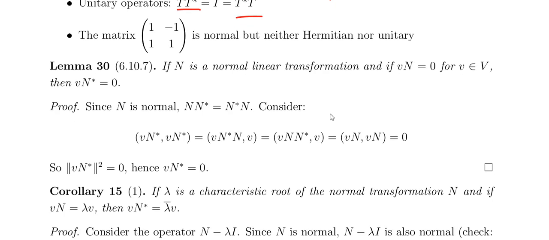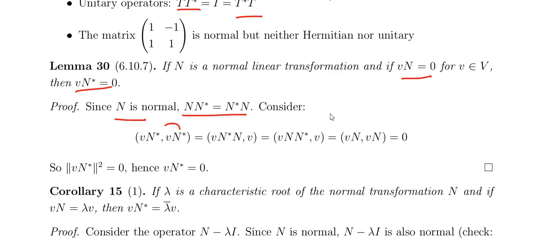If N is a normal linear transformation and Vn equal to 0, then Vn star equal to 0. N is normal, so NN star equal to N star N. To prove Vn star equal to 0, we find the inner product of Vn star with Vn star.